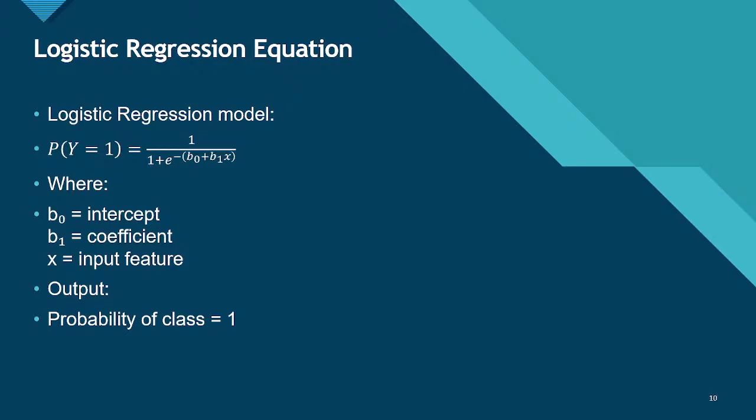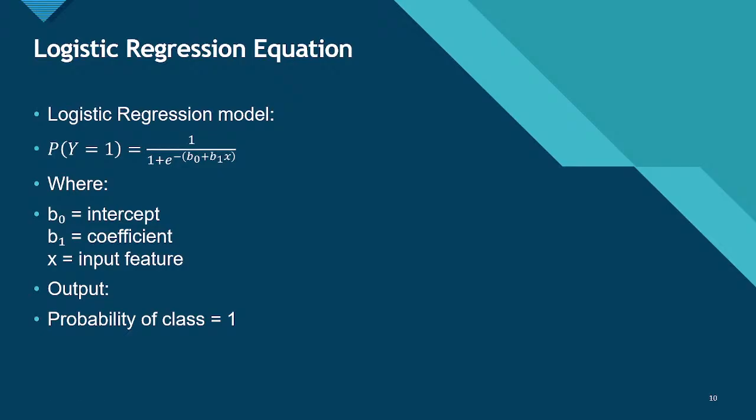B0 is the intercept or bias term, and it shifts the curve to the left or right. B1 is the coefficient or weight assigned to the input feature X. It shows how strongly the feature influences the prediction. X is the input feature or variable.